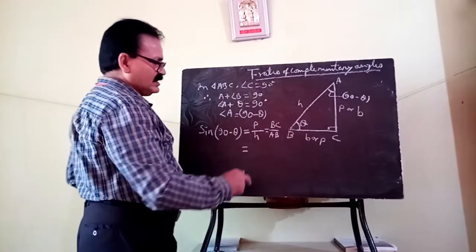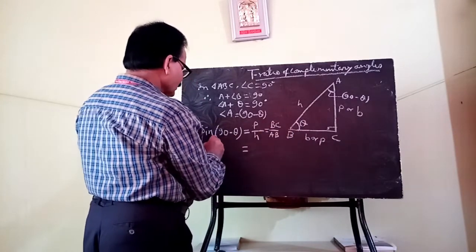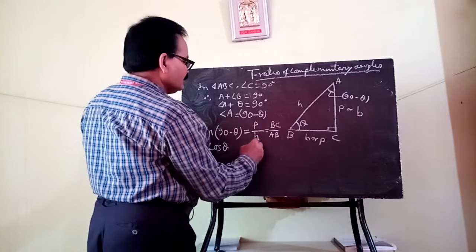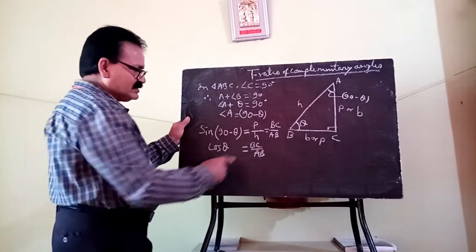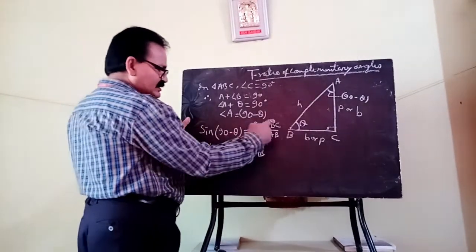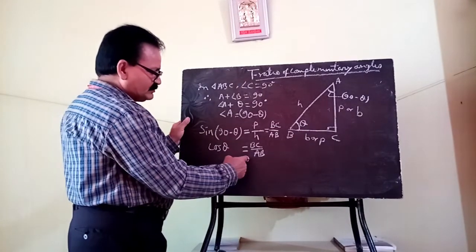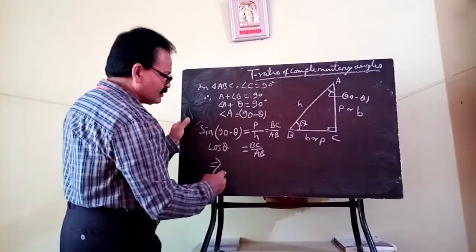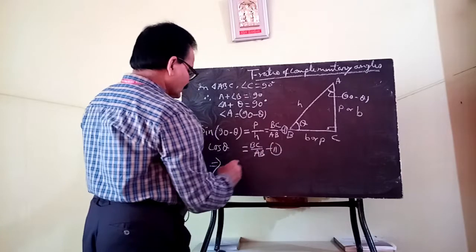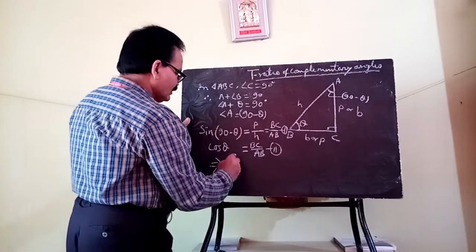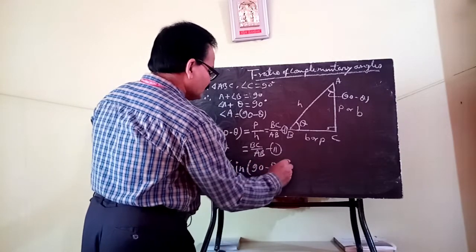For this angle theta, BC by AB is cos theta. So sin 90 minus theta is BC by AB, and cos theta is again BC by AB. If you take this as equation 1 and that as equation 2, by comparing 1 and 2, sin 90 minus theta must be equal to cos theta.